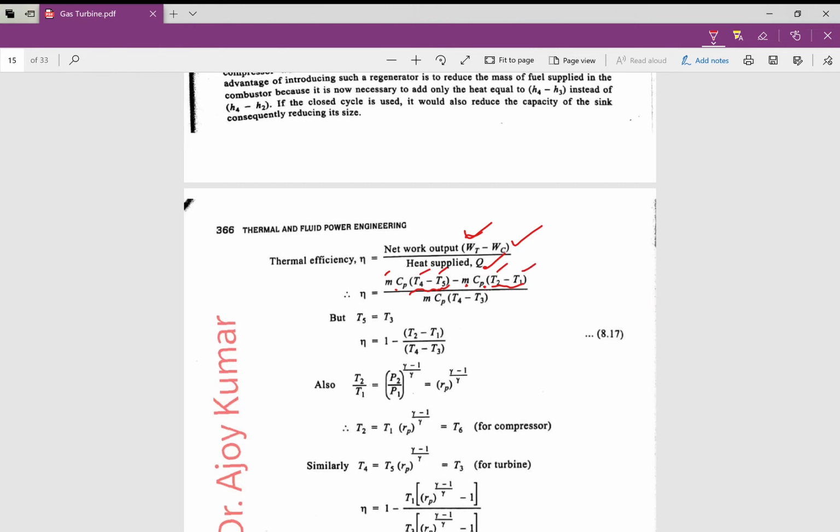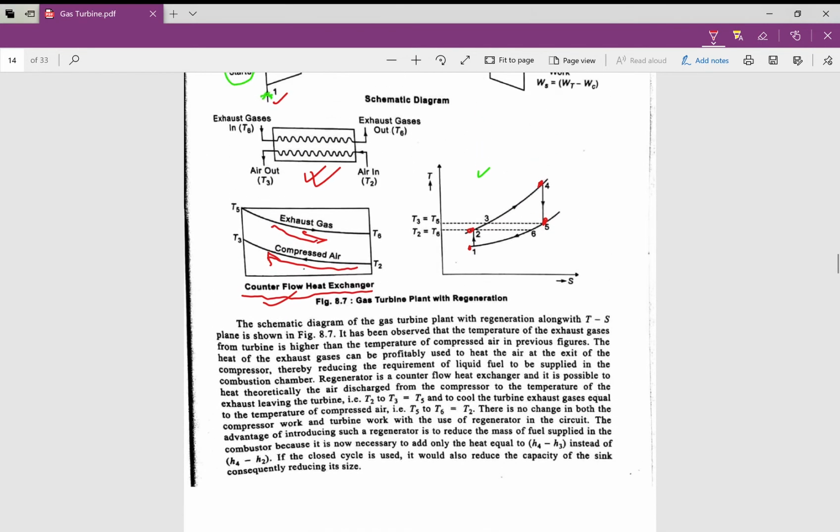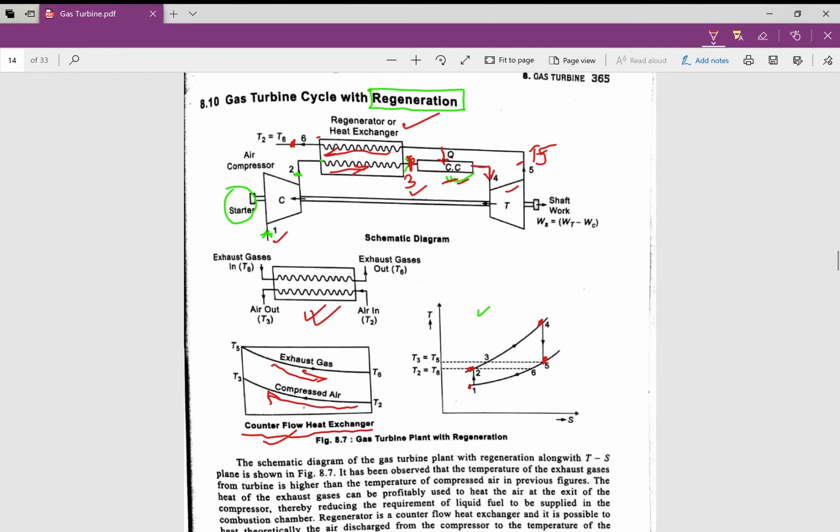Now heat supplied is T4 minus T3. We are supplying heat in the combustion chamber only. Before entering the combustion chamber at point 3, fuel is injected, it burns, and then at point 4 we get the highest temperature.